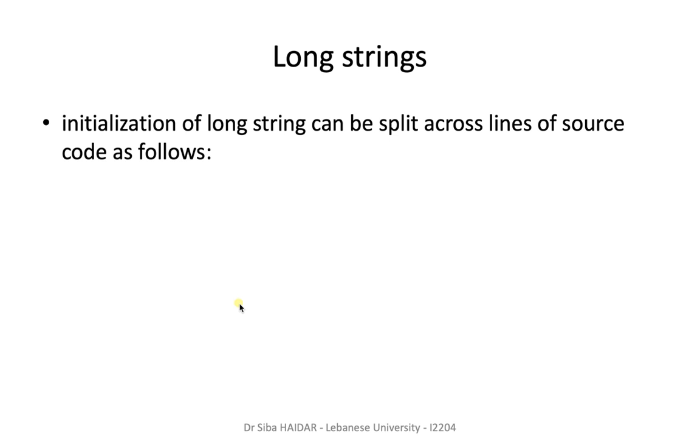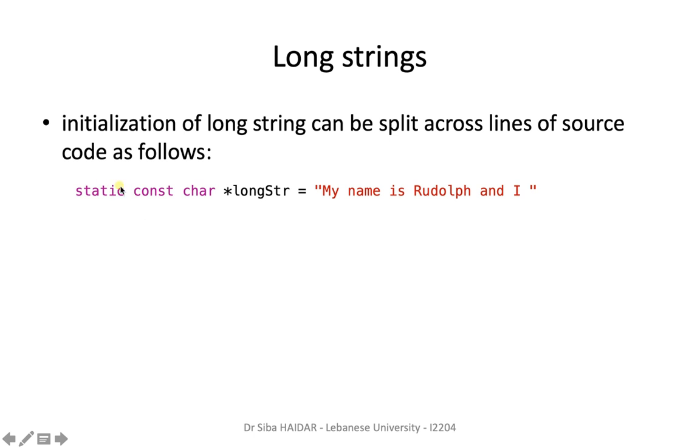For long strings, what if you have a string like a paragraph? How do you initialize it? The initialization of long strings can be split across lines of source code as follows. For example, this is your long string which is static and constant at the same time: static const char star long string. My name is Rudolph and the text will continue.